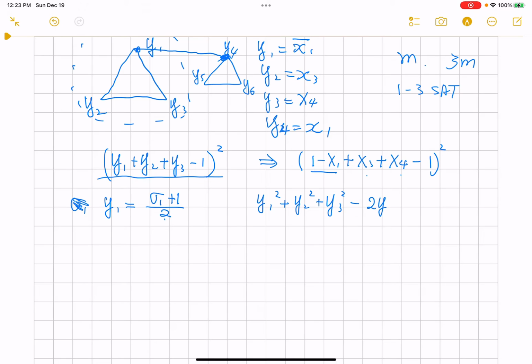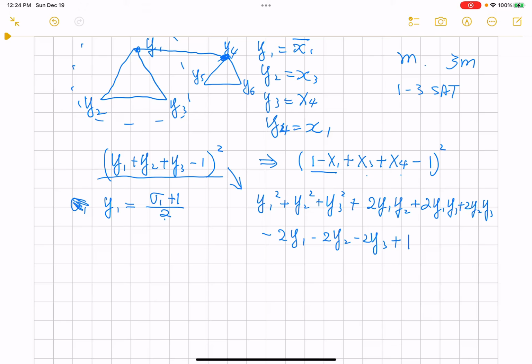Plus 2y1y3 plus 2y2y3 minus 2y1 minus 2y2 minus 2y3 plus 1. Okay, this is just a straight expansion of the bit formula. I'm not doing plugging in just yet. I think this is easier.